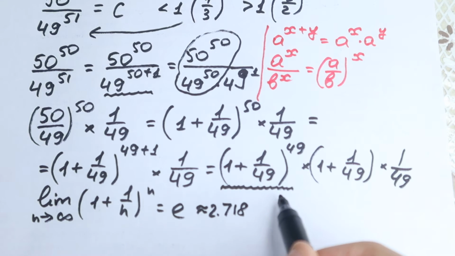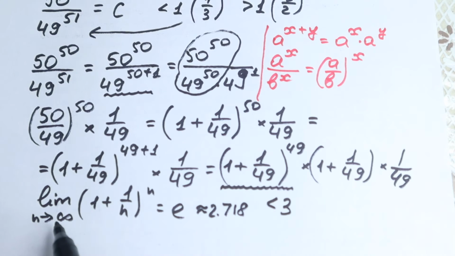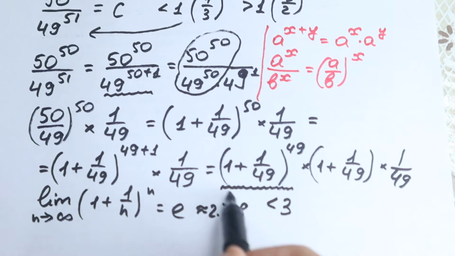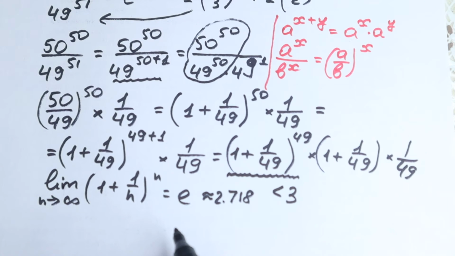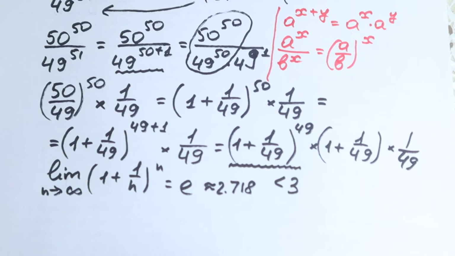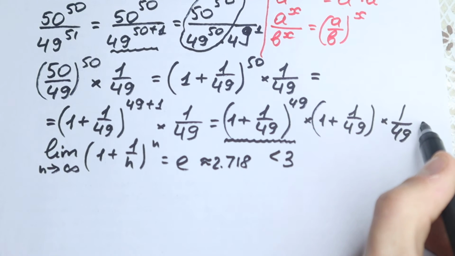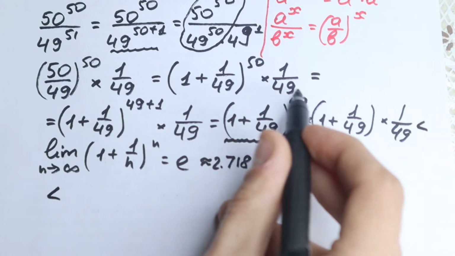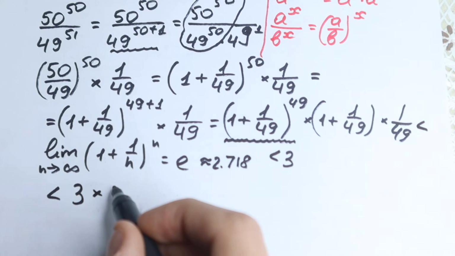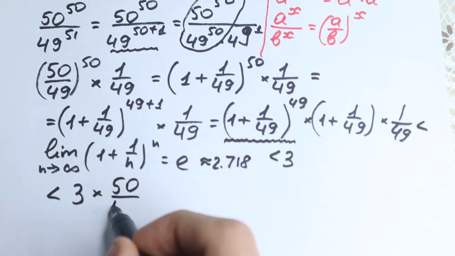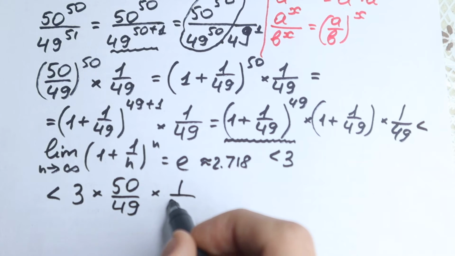So we can easily say that this expression is less than 3. This is our first really important step. In terms of limit, this expression gives us 2.7, so it is less than 3. I hope you understand this step. Now we write inequalities, not the equal sign. This expression is less than 3 times, instead of 1 plus 1 over 49, 50 over 49, and times 1 over 49.